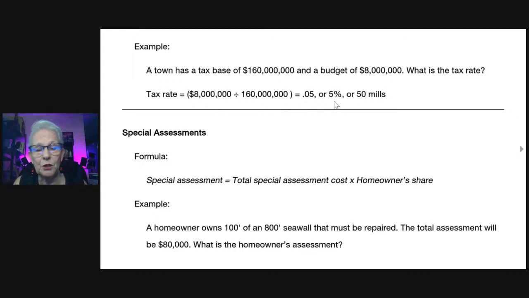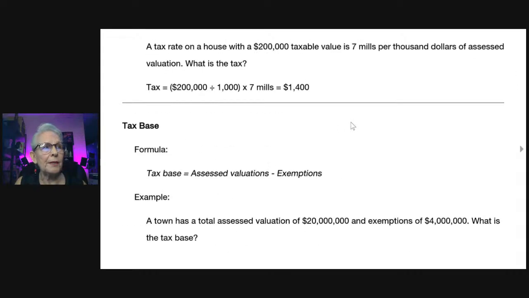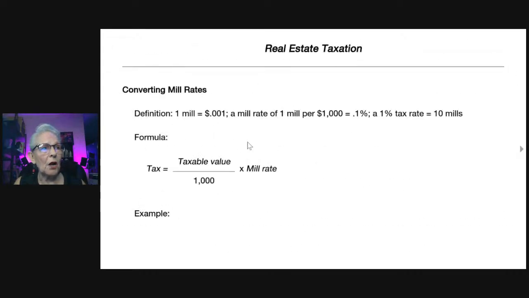Convert that into a percentage, 0.5, move the decimal to the right 2 places, or 50 mils, right? Because we started that a 0.1% or a 1% tax rate. So a mill rate of 1 mil per 1,000 equals 0.1%, pardon me. A 1% tax rate would be 10 mils.